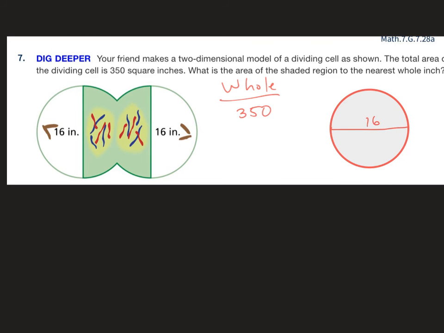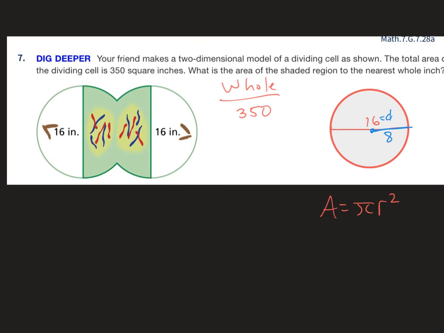with a diameter of 16. The area of a circle is pi times the radius squared. Did I get the radius? No. If this is the diameter, I need to find the radius, and it's 8 because it's half of that.